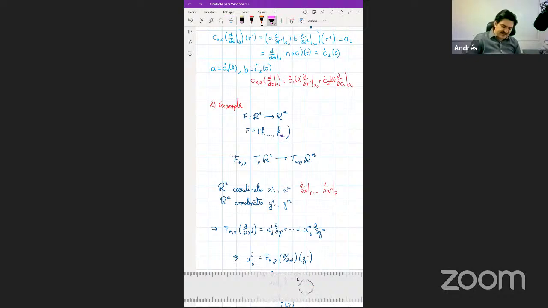So on this side, I'm going to evaluate at the function yi, which is a smooth function. All of them will vanish except when I have an i here, which is going to give me 1. So on the left-hand side, I have this. And now I put here the right-hand side.